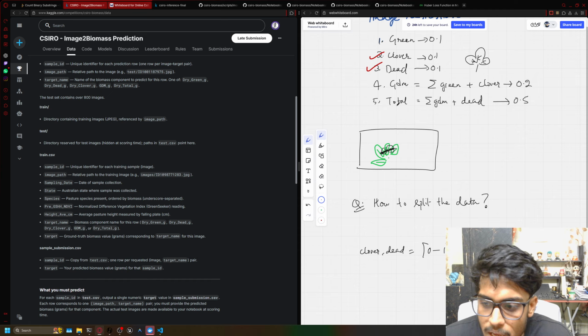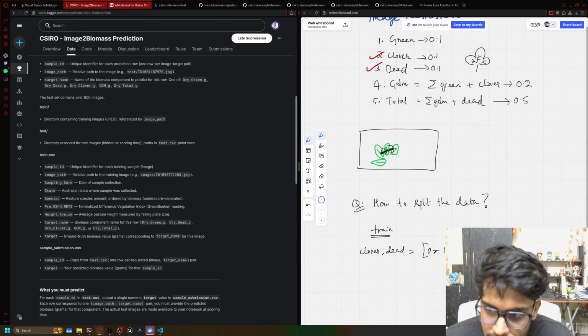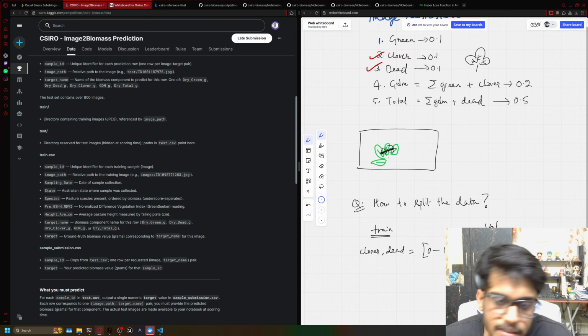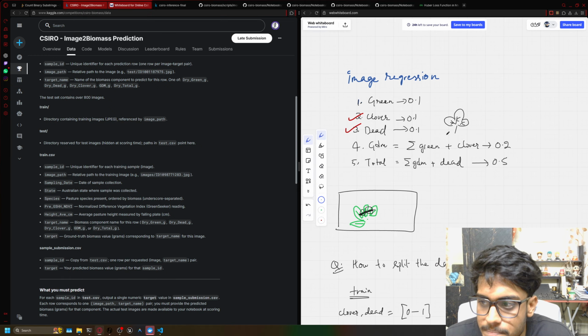But if you are not considering Clover and Dead, it may happen that your train set contains values for Clover and Dead in this range, and your val will contain values between, let's say, 10 to 20. This would decrease your model performance, because your model will not know that a 10 plus value exists for Clover. This also prevents the model from considering these kinds of leaves as Clover leaves.